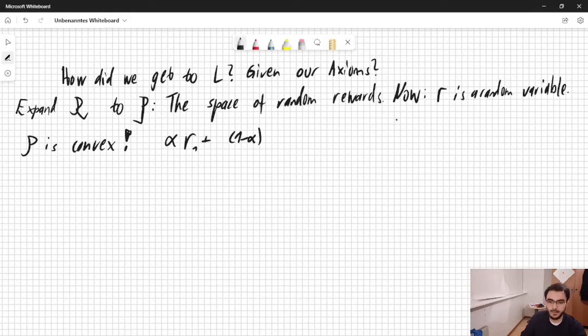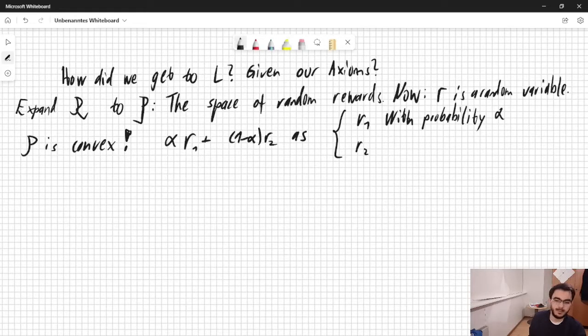Now they can be random variables. We get R1 with probability alpha and R2 with probability 1 minus alpha. And alpha is just some number between 0 and 1.